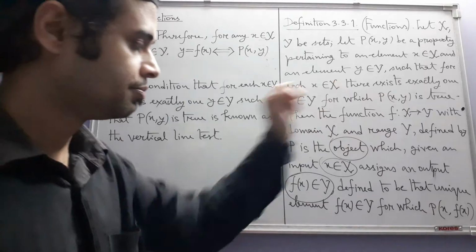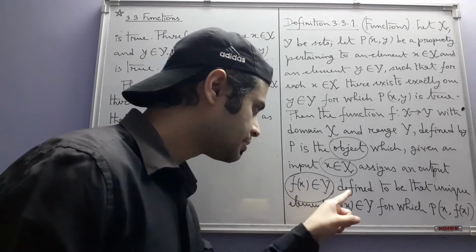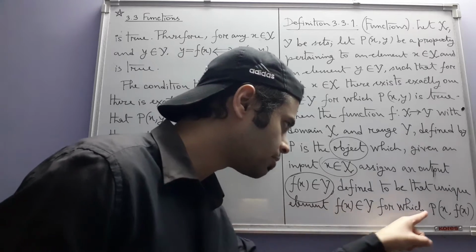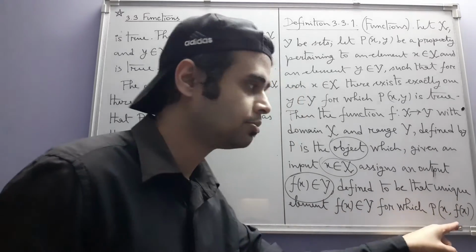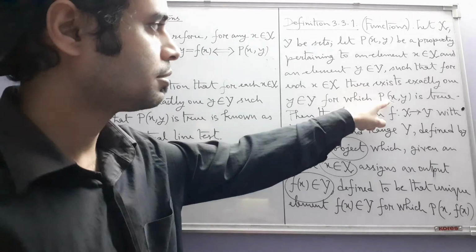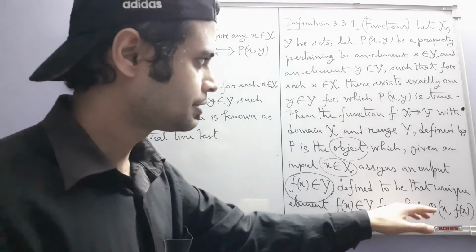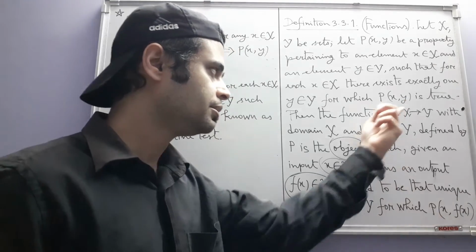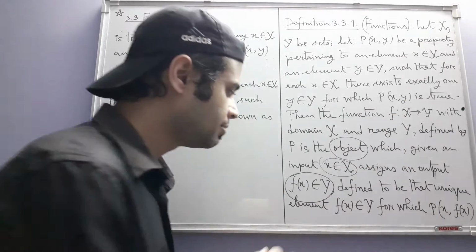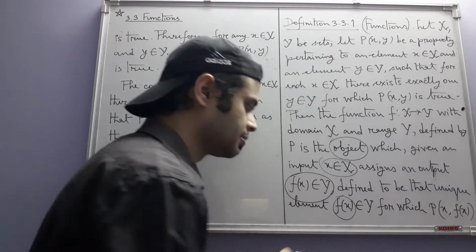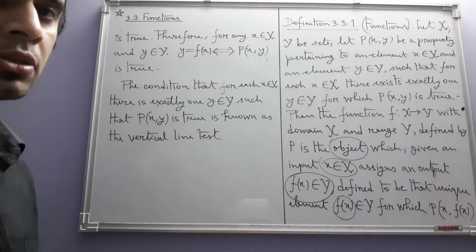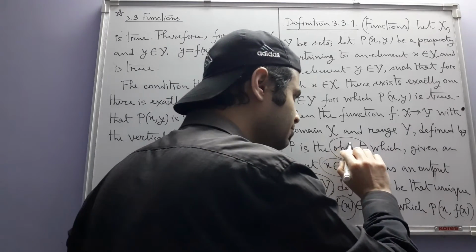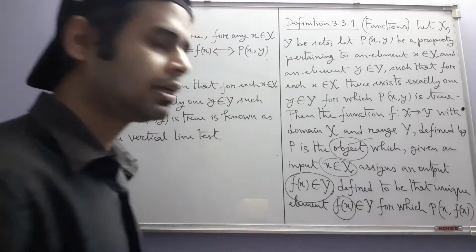By P. f(x) is defined to be that unique element in Y for which P(x, f(x)) is true. Remember that the condition P satisfies tells us that for every x there is exactly one y for which this is true, and that y we are denoting by f(x) to show its dependence on x, and that's what the function does. Now the use of this word object here should not be taken lightly.